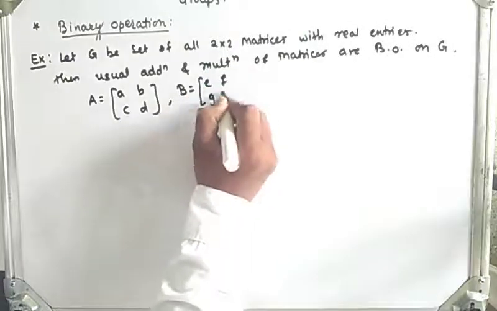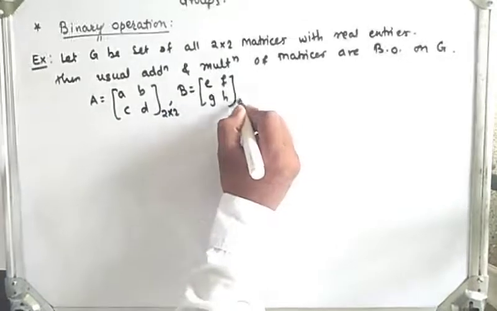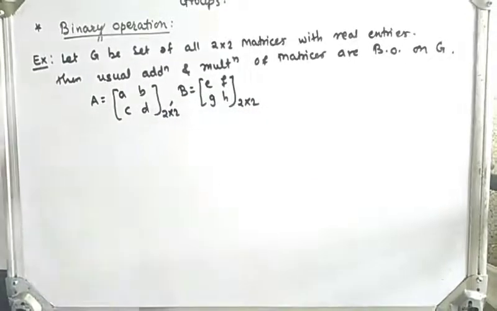So if I take A equal to [a, b; c, d] and B equal to [e, f; g, h], both have the same order. So this is a 2 by 2 matrix, and this is again a 2 by 2 matrix.